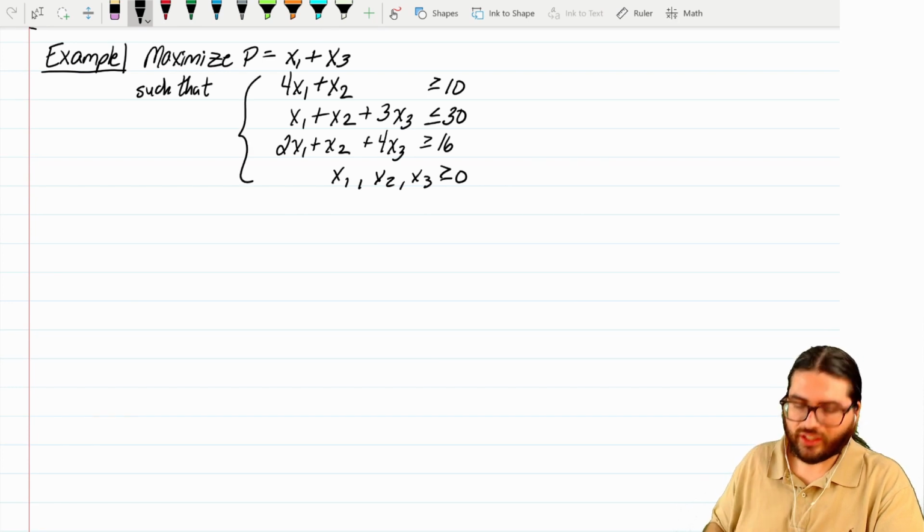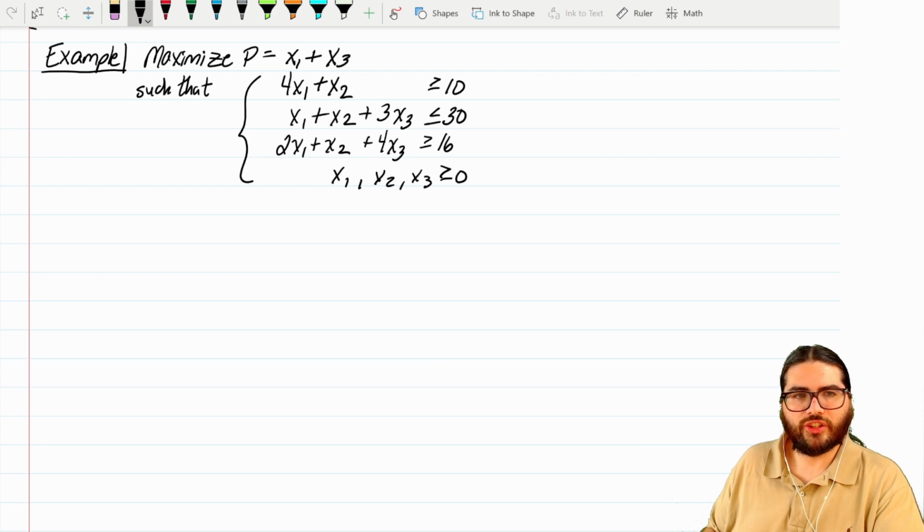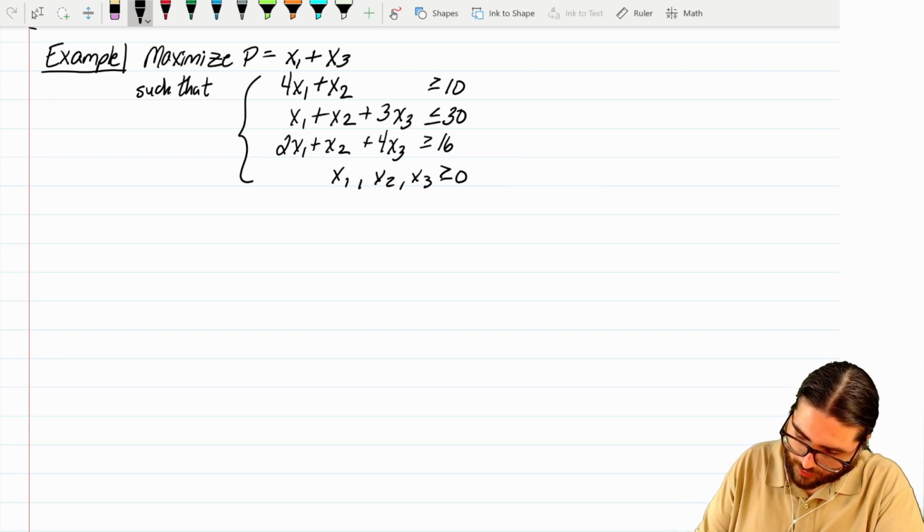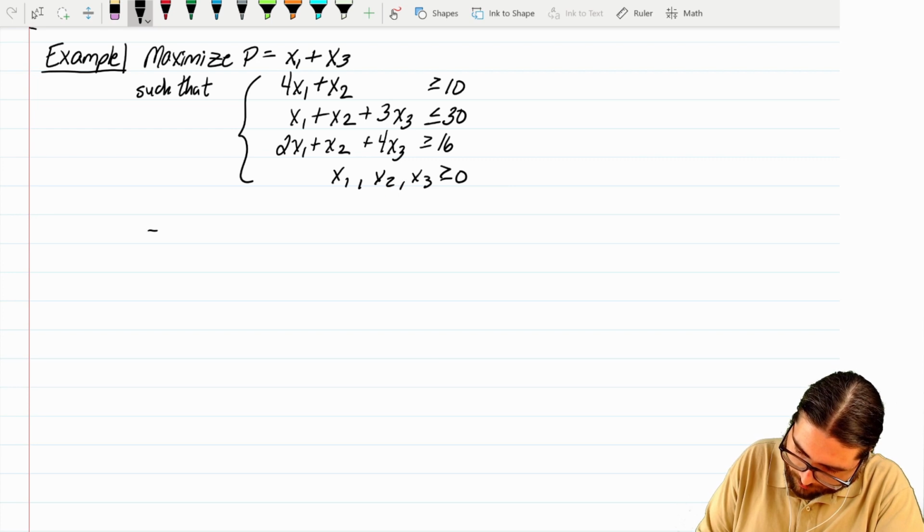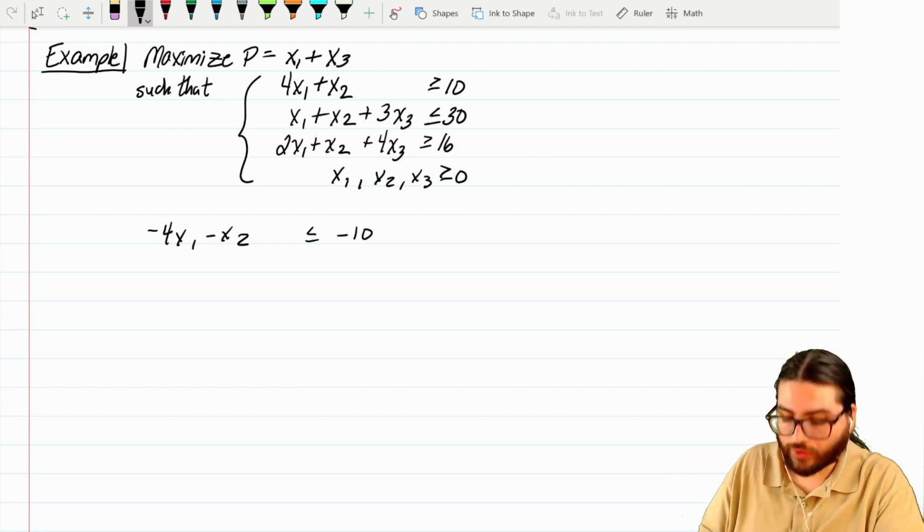Let's change this into a simplex method matrix. I don't need to change this from a minimize to a maximize. It's already a maximize. But I do need to change a couple of greater thans into less thans. So I will do that now. Minus 4x1 minus x2 less than or equal to -10. I'm multiplying everything times -1.